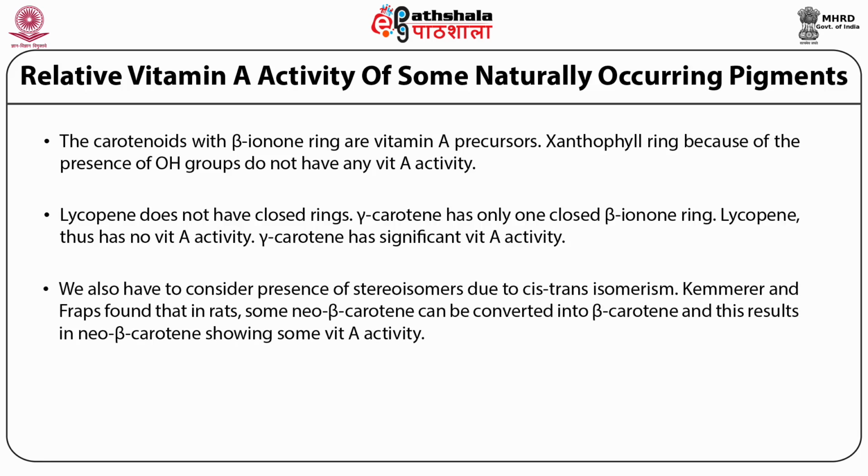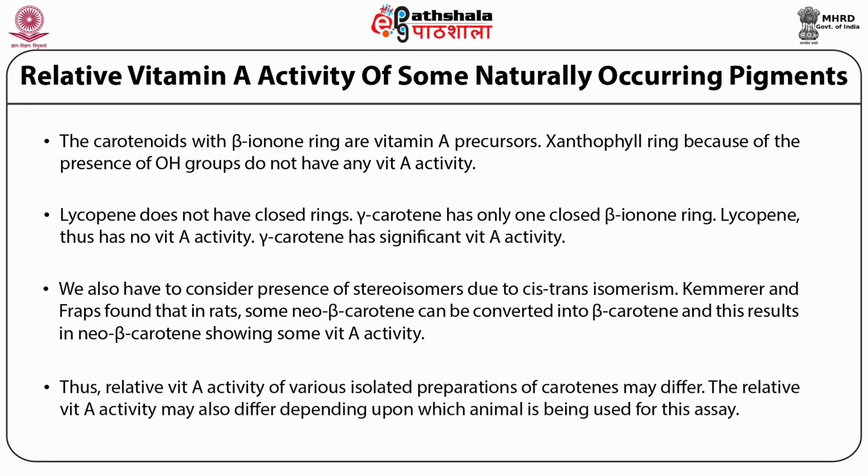Kammerer and Fraps found that in rats, some neo-beta carotene can be converted into beta carotene, and this results in neo-beta carotene showing some vitamin A activity. Thus, relative vitamin A activity of various isolated preparations of carotenes may differ. The relative vitamin A activity may also differ depending upon which animal is being used for this assay.